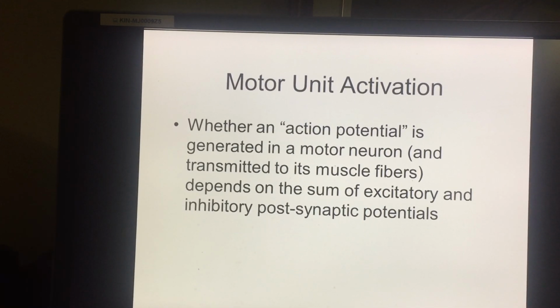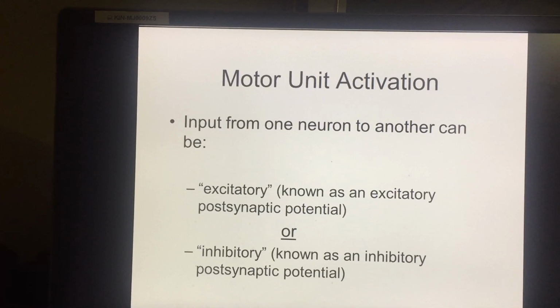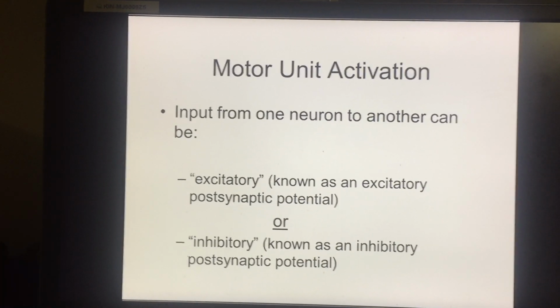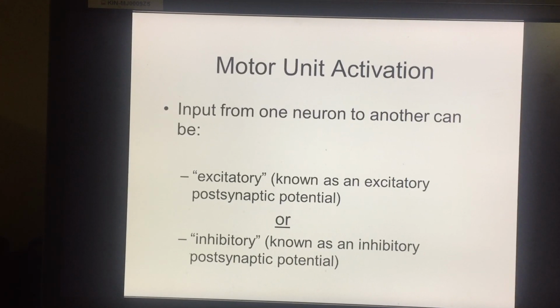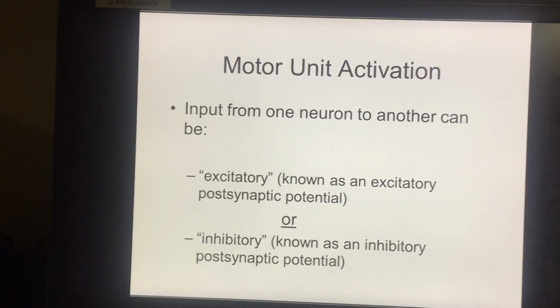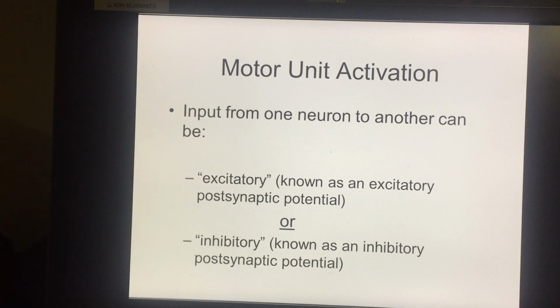These are called postsynaptic potentials. Input from one neuron to another could be excitatory, known as an excitatory postsynaptic potential, or inhibitory, known as an inhibitory postsynaptic potential.